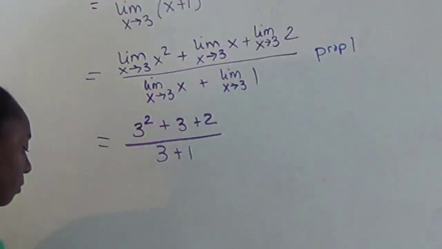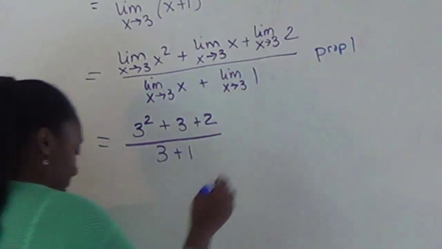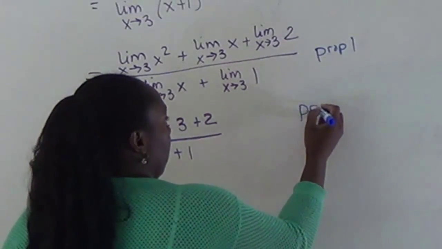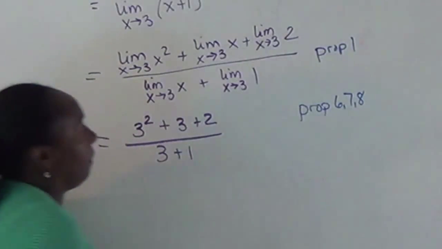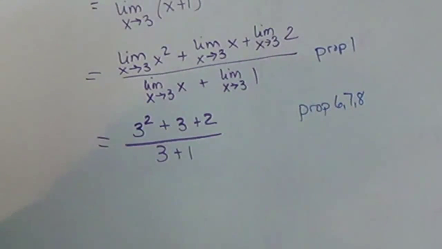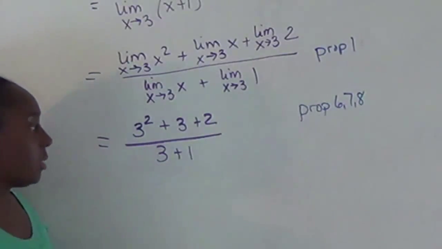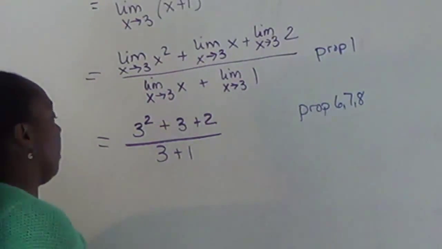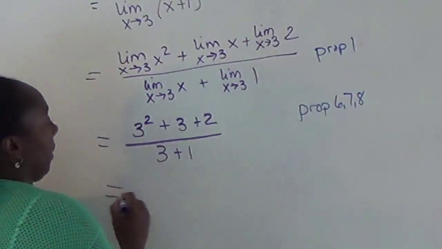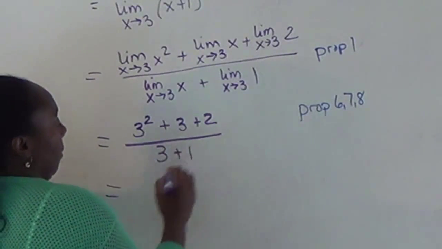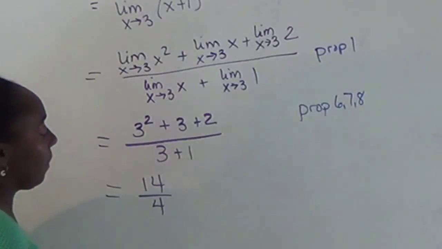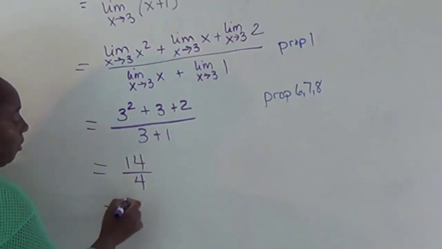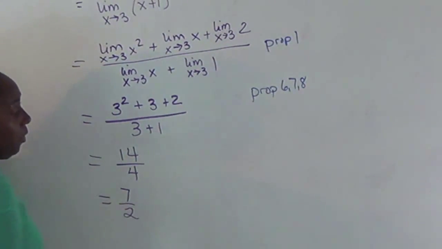And again, this comes from properties 6, 7, and 8. And now, again, we've gotten rid of our limits, so now it's just a matter of evaluating. So I can go ahead and simplify on the top, and then on the bottom, and of course, make sure you reduce for your answer.